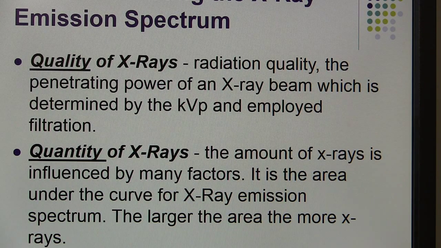Also, if we crank up the KVP, there's more chance for high-speed interactions, and if we increase the thickness of our target, that will give the electrons more opportunity to interact with some atoms in there. So all of those things can affect the quantity of X-rays.